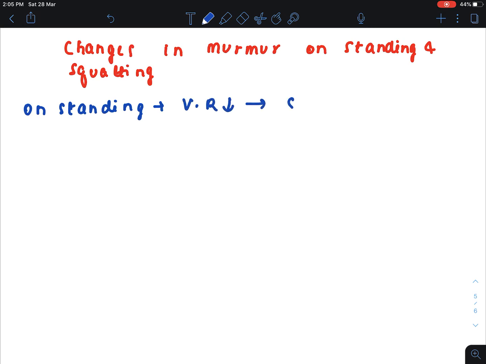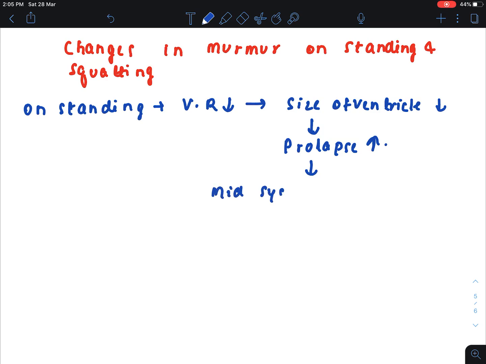Because of that, the size of the ventricle will decrease, which will lead to an increased chance of prolapse, and we get the mid-systolic click early.